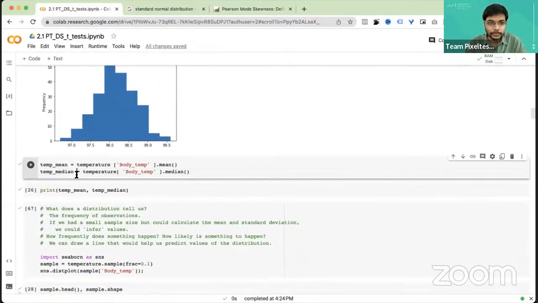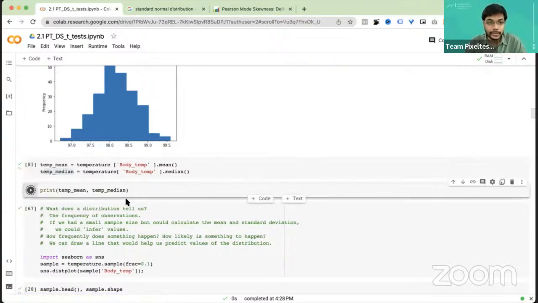On the data frame temperature, which has these 223 records, from the column body_temp, we are going to apply the function dot mean, and the output will be saved in temp_mean. Similarly, the dot median function will give the median and save it in temp_median. So I'm going to run it. Now I'm going to print both temp_mean and temp_median.